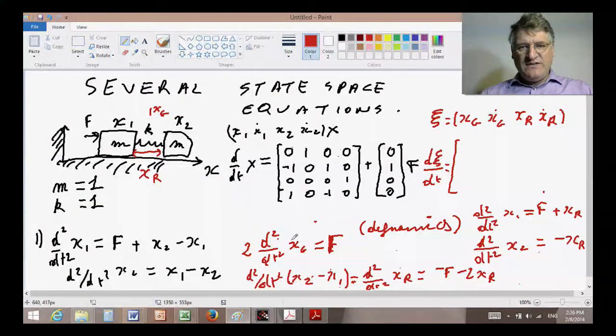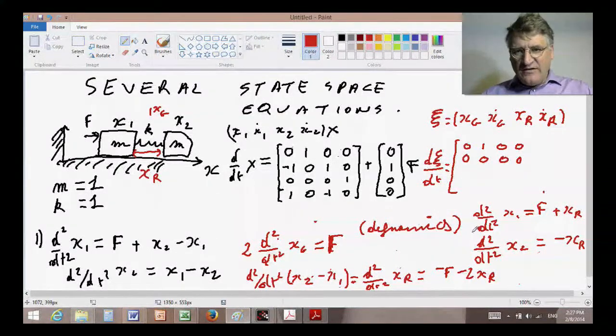The A matrix will be as follows: d dt of xg is just xg dot, so it is 0, 1, 0, 0. d dt of xg dot, which is F over 2, doesn't have any participation in the A matrix, so we will put 0 as far as the state influence is concerned.